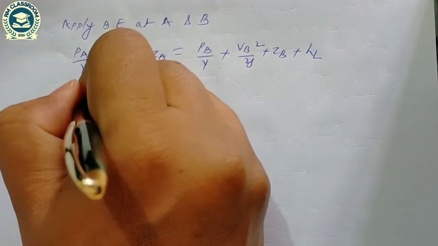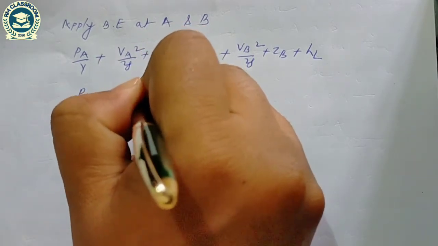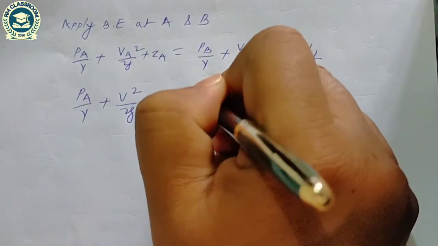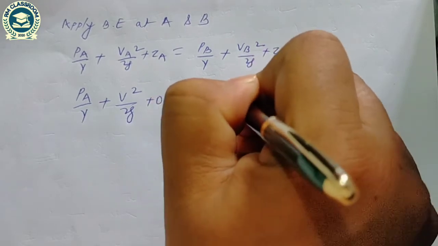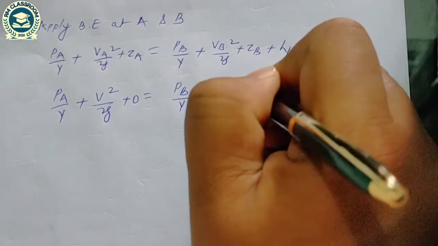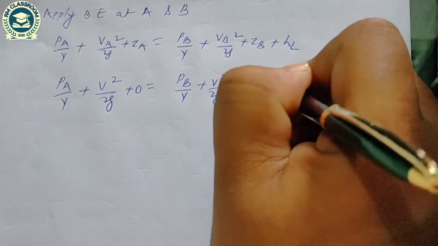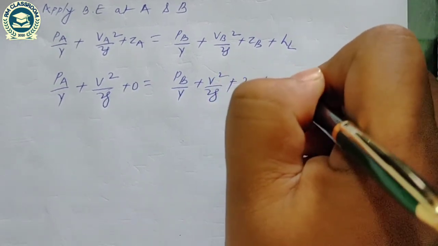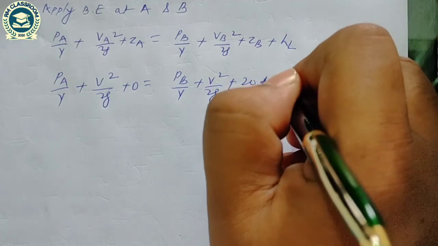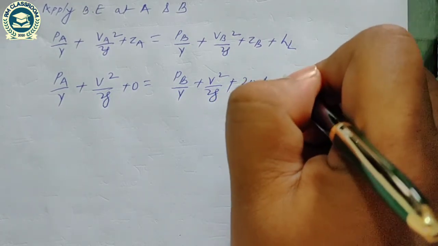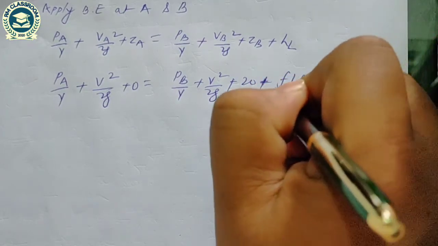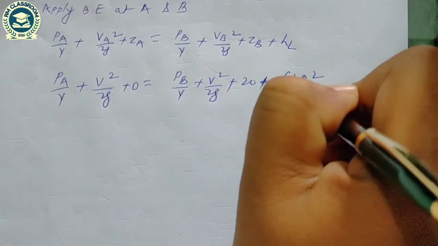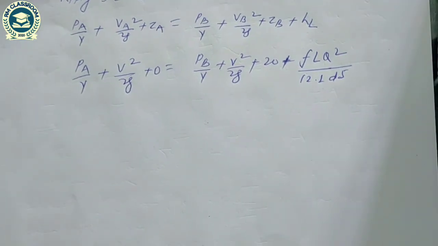So we can write PA by gamma plus VA square by 2G plus 0 is equal to PB by gamma plus VB square by 2G plus 20 plus head loss. According to the Darcy Weisbach friction factor, HL is equal to FL V square by 2GD, or FL Q square by 12.1 D5. In more detail, this Darcy Weisbach friction factor I will discuss in the laminar flow as well as in the pipe flow, how it will come.